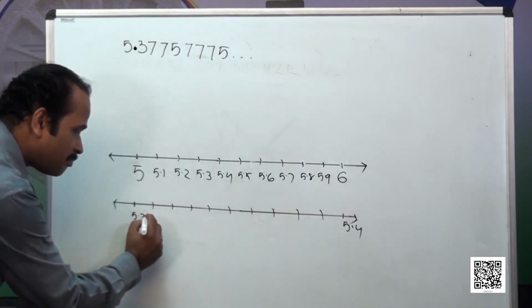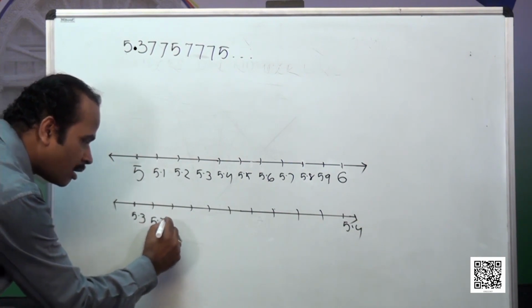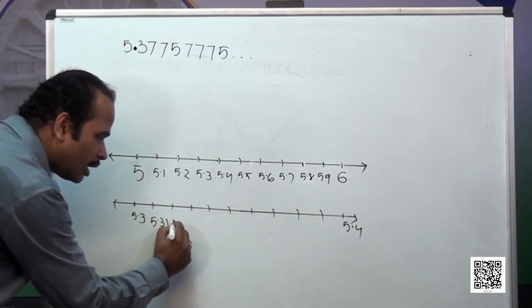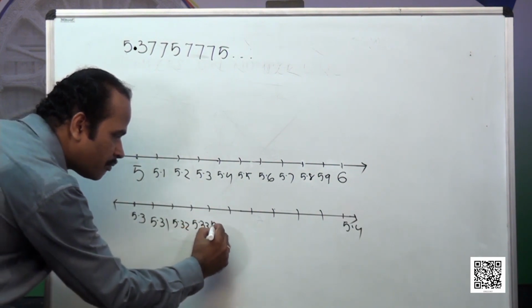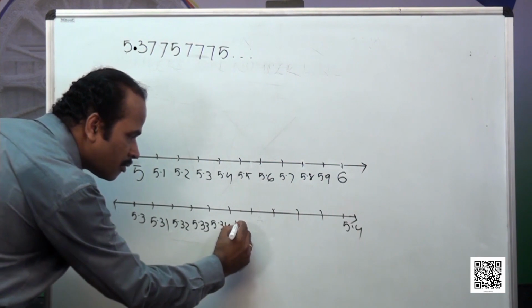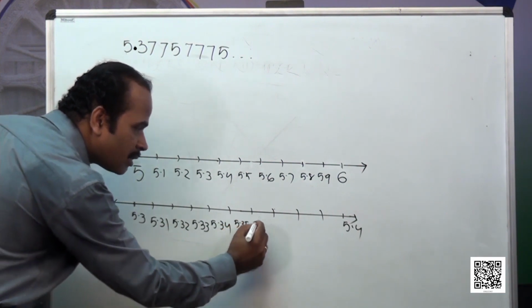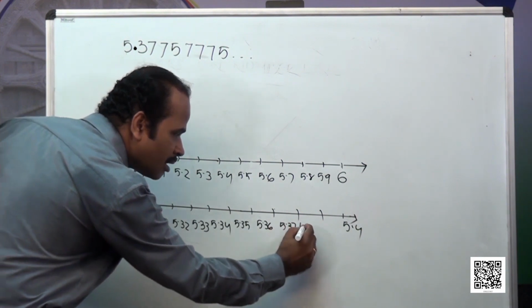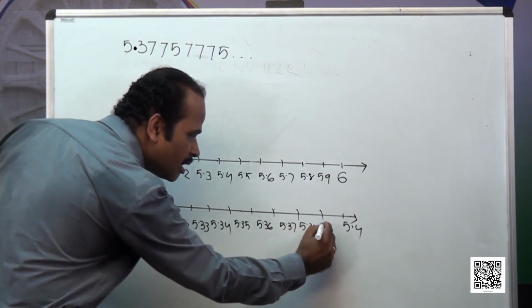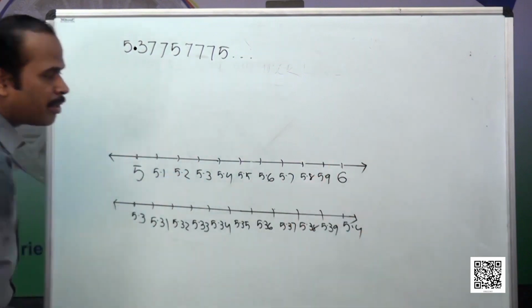Now let me take this as 5.31. This point will be 5.32. This will be 5.33, 5.34, 5.35. Here it is 5.36, 5.37, 5.38, 5.39 and 5.40.